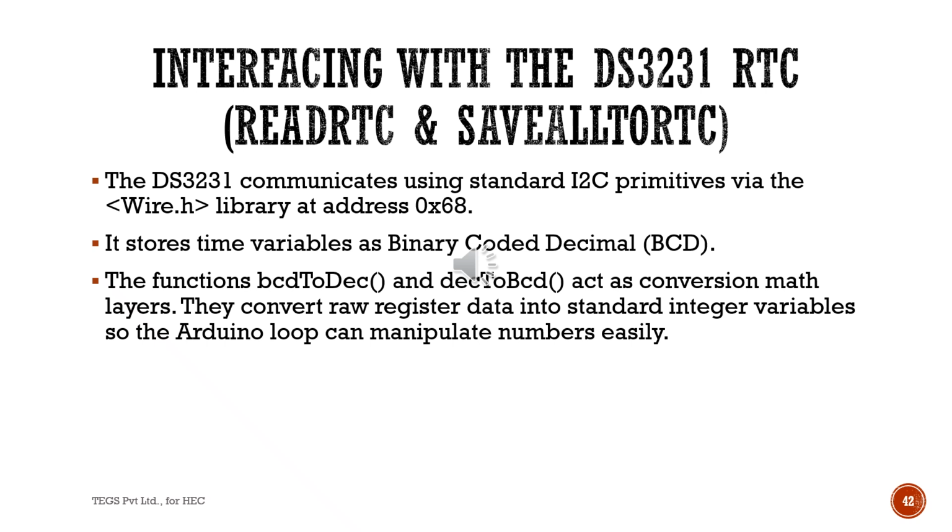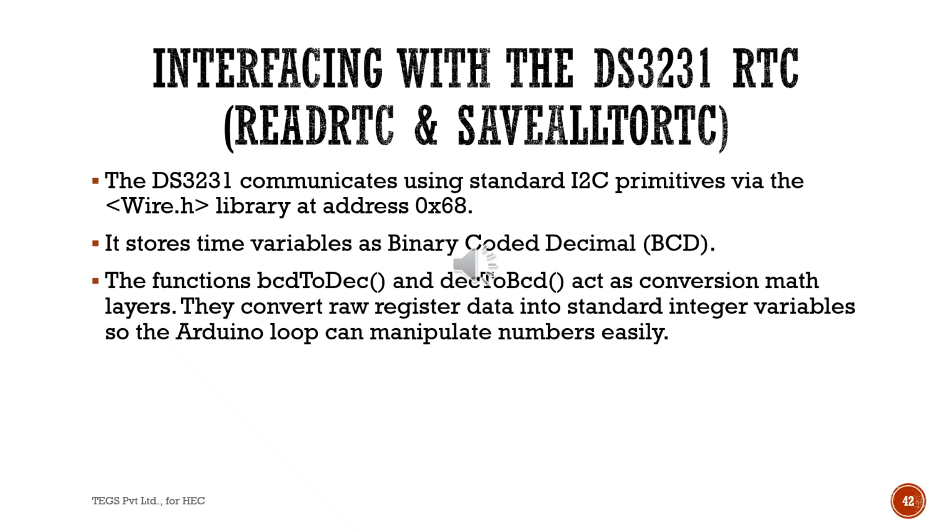Interfacing with the DS3231 RTC. Read RTC and save all to RTC. The DS3231 communicates using the standard I2C protocol via the Wire.h library and the address hex 68.